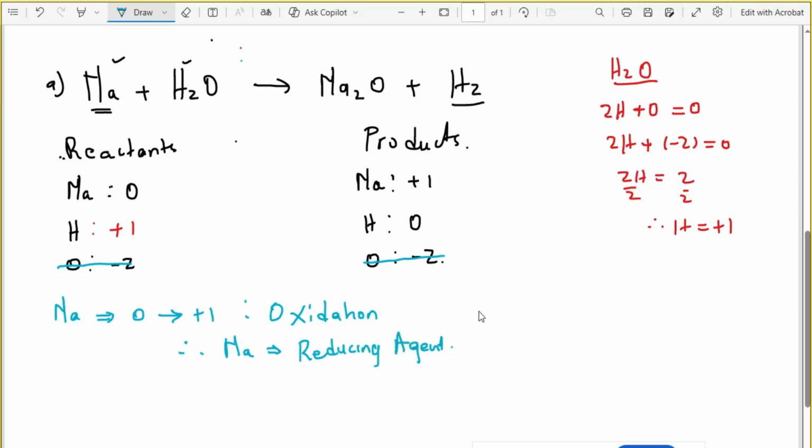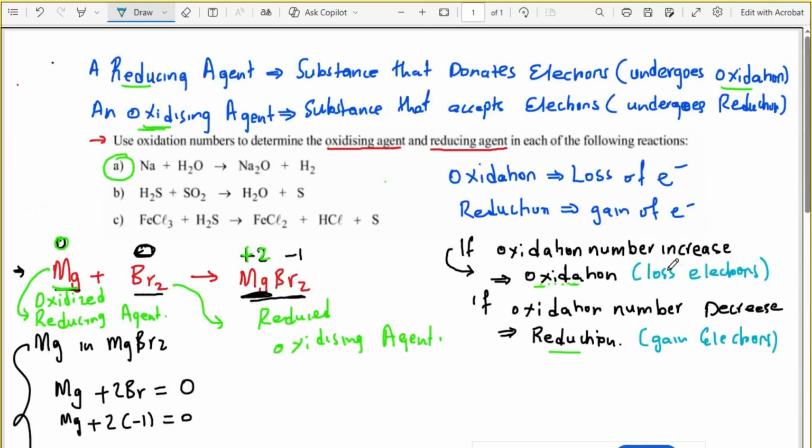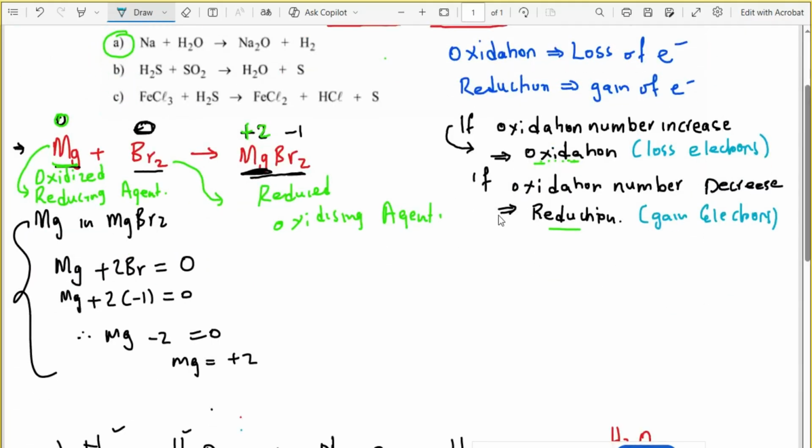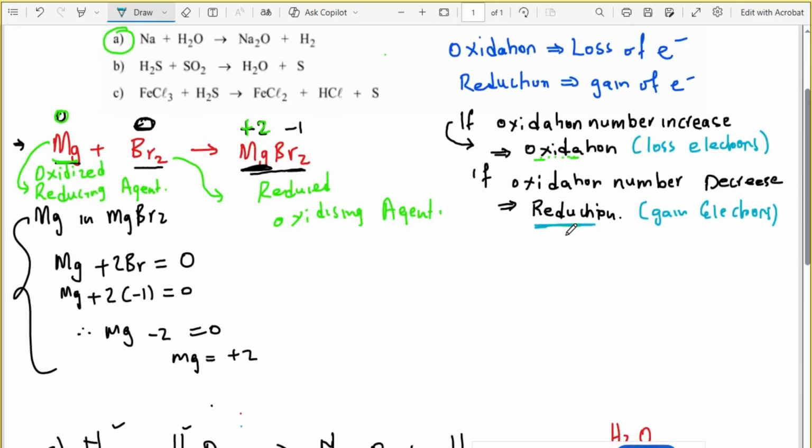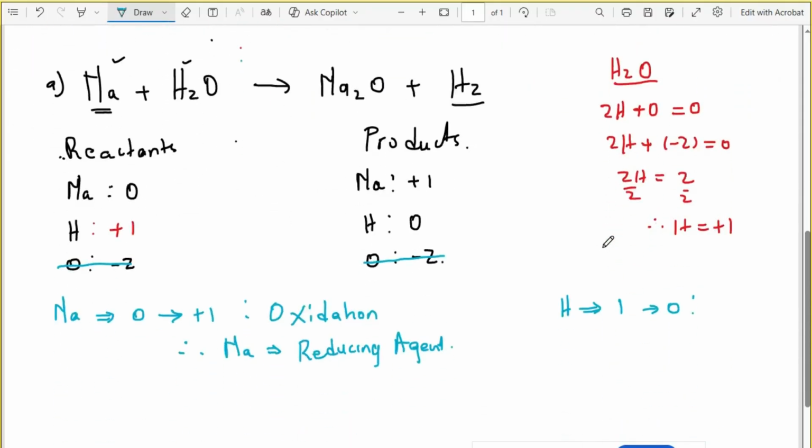And then what about the oxidation number of hydrogen? We can see that the hydrogen is from 1 to 0. Since it's from 1 to 0, the oxidation number decreased, so this will be reduction.